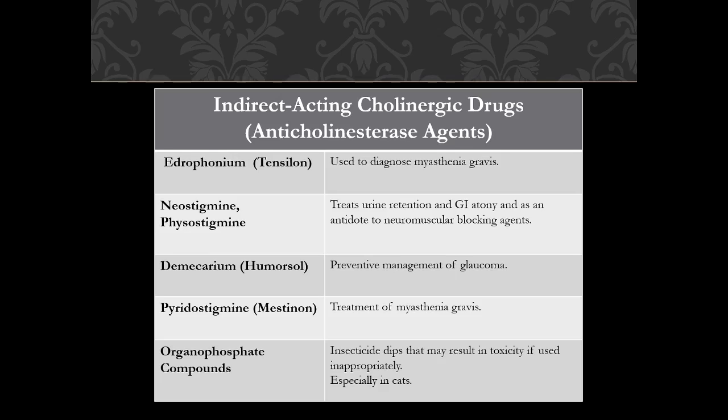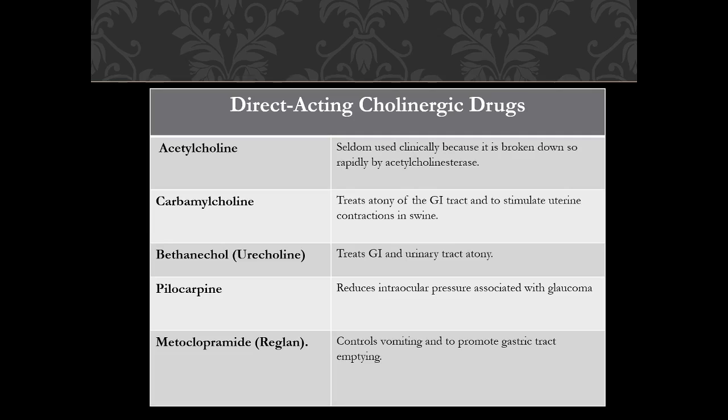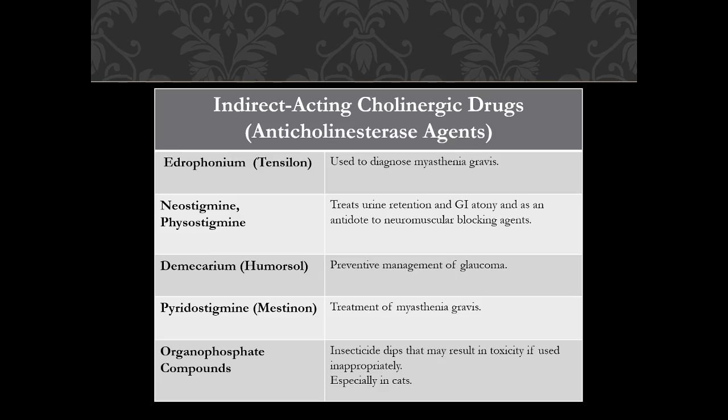They can result in toxicity if they're used inappropriately, especially in cats. So organophosphate compounds are indirect acting cholinergic drugs. It is important that you know the difference between direct acting and indirect acting cholinergic drugs.